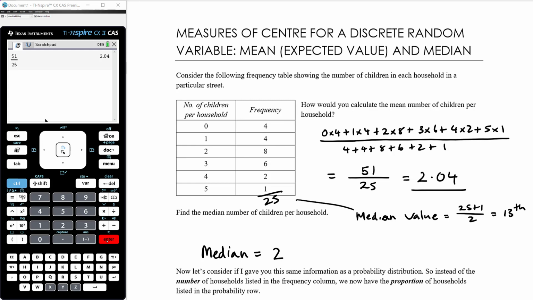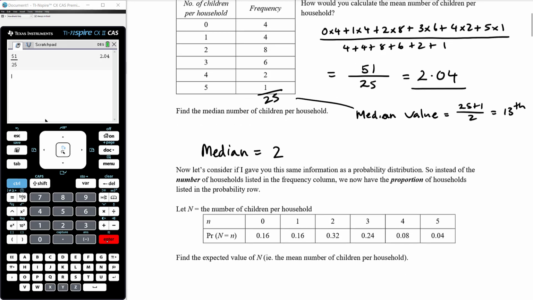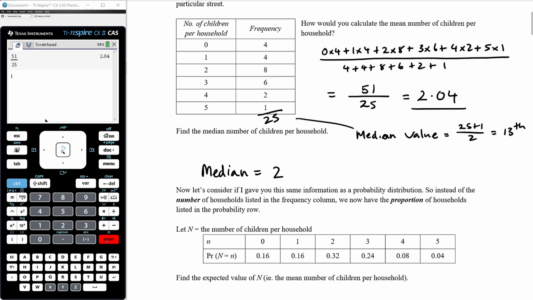Alright, so we're not working with frequency tables though, we're working with probability distributions. So if we gave you this exact same information about these households as a proportion rather than the number of households, okay, so if 4 out of 25 households have 0 children, that's a proportion of 0.16. 16% of the households have 0 children.